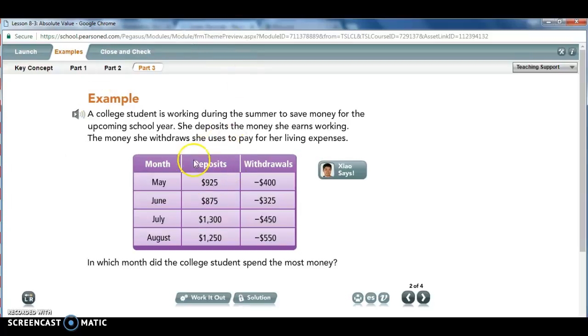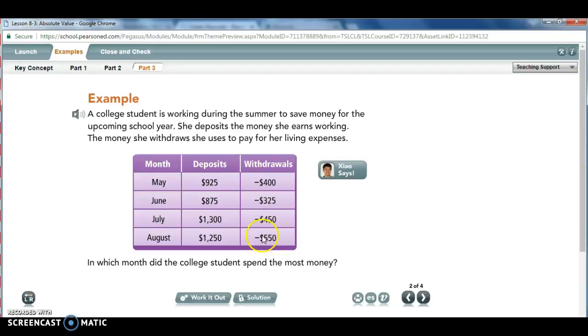Deposits are the amount of money that you put into the bank. Withdrawals are what you take out of the bank. So in which month did the college student spend the most money? If she took it out of the bank, it's assuming that she spent it. So minus 400, minus 325, minus 450, or minus 550, we want to know in which she took out the most amount.